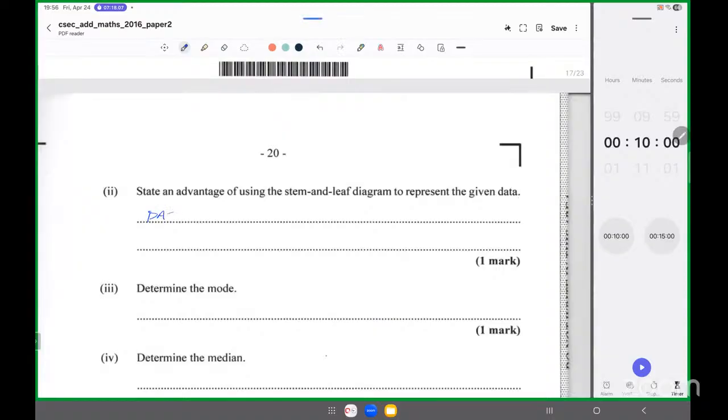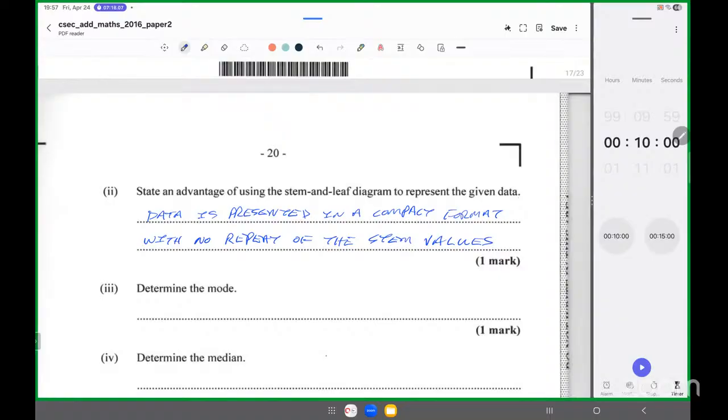Data is presented in a compact format with no repeat of the stem values.